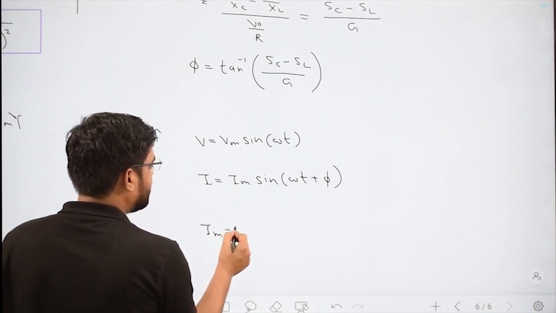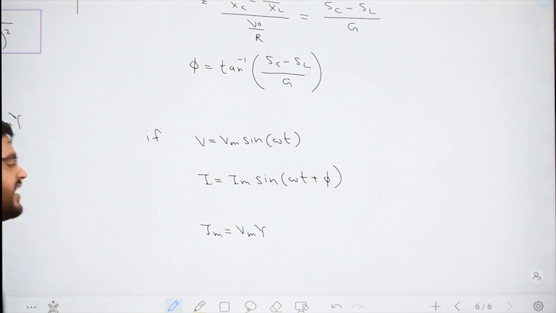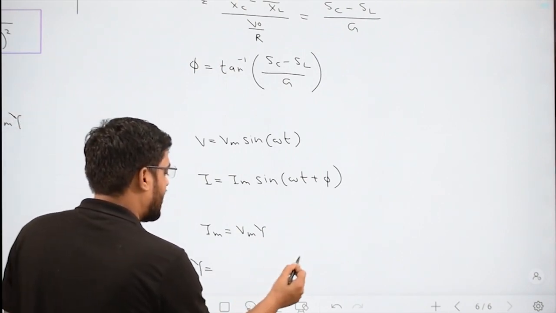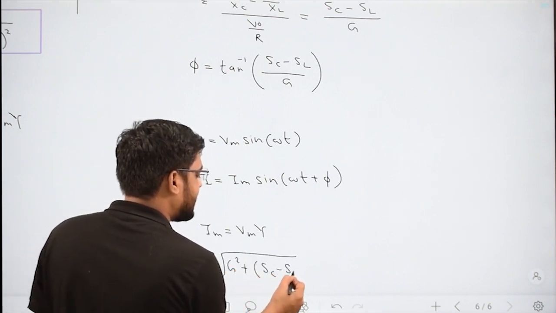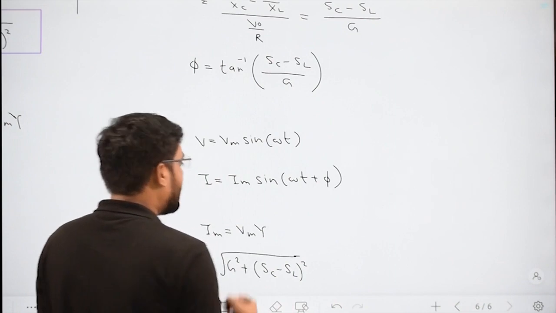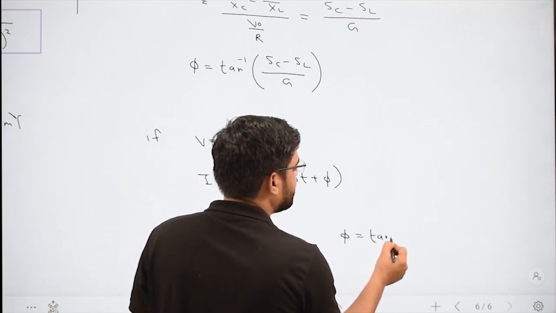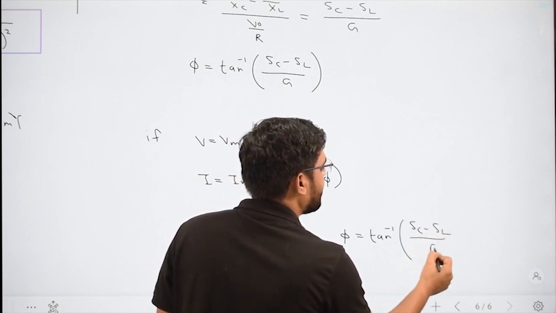Im is nothing but Vm into Y. Y is the admittance. The formula for Y, we have already discussed. Formula for Y is under root G square plus SC minus SL whole square. And what about the phi? Phi is nothing but tan inverse of SC minus SL by G.